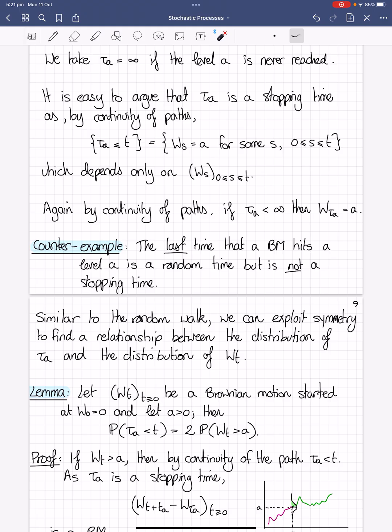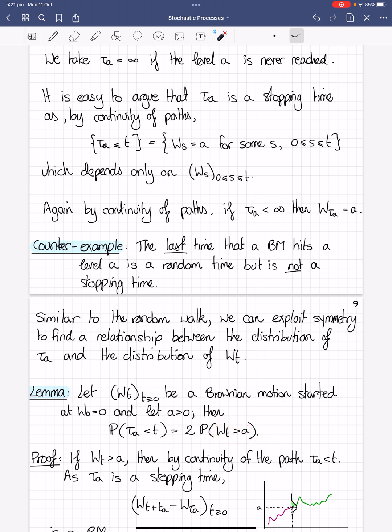Then the probability that tau A is less than t is equal to 2 times the probability that W_t is strictly greater than A. So it basically gives the distribution for tau A in terms of the exceedance probability of the Brownian motion.